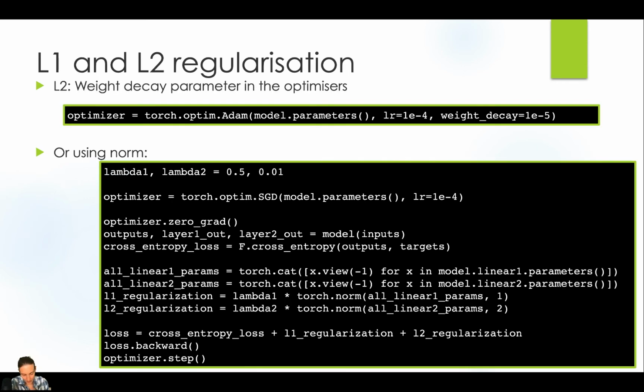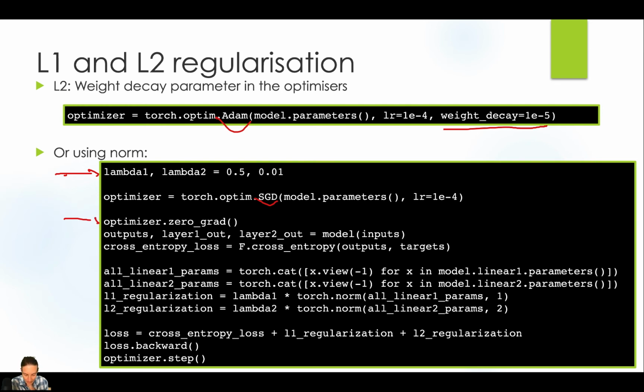Okay, so how do we implement this in PyTorch? L2 regularization is actually included in some optimizers. For instance, in Adam optimizer, you can just put your regularization constant here, or you could do this manually. You define your regularization constants. Here we use Stochastic Gradient Descent optimizer. We reset our gradients, so we sort of reset the training.